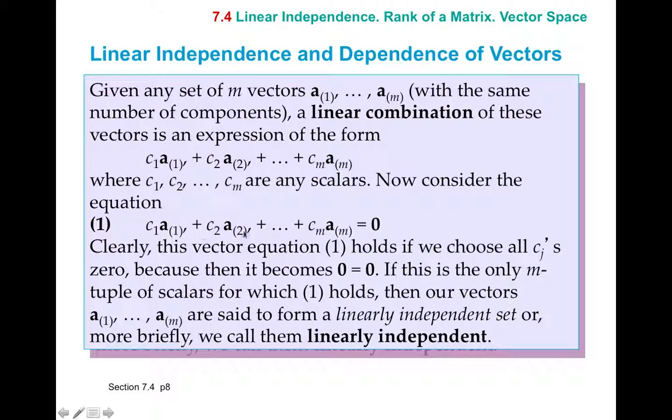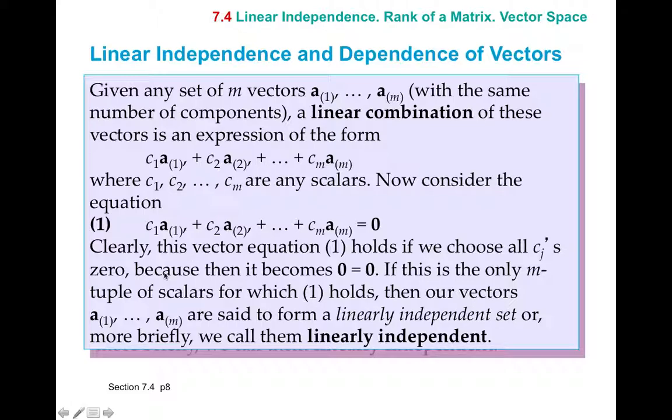There are a couple of obvious ways this can happen. One way is we let every scalar equal 0. Then obviously 0 times anything is equal to 0, so it'll be 0 equals 0. Now if that's the only case where you can get 0 by summing a linear combination of these vectors, then we say these vectors are linearly independent, or they form a linearly independent set.